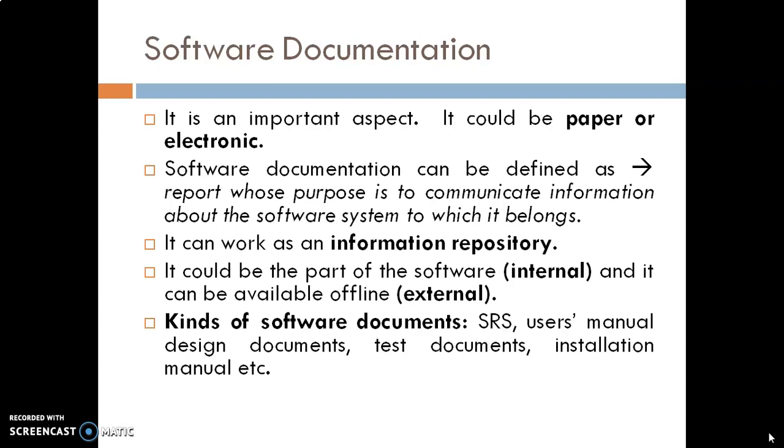It could be part of the software, called internal, and it can be available offline, called external documentation. Following are some examples of software documentation, like SRS report, user's manual, design documentation, test documentation, installation manual, etc.